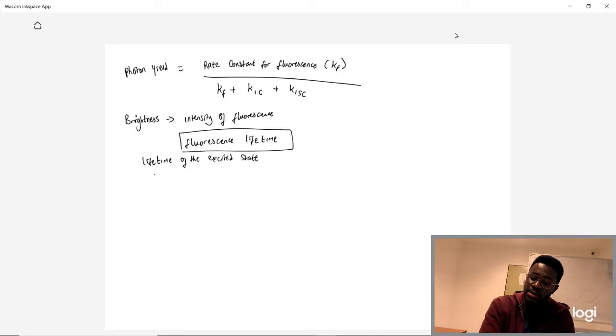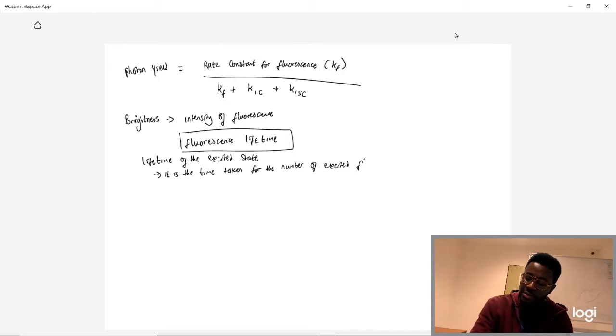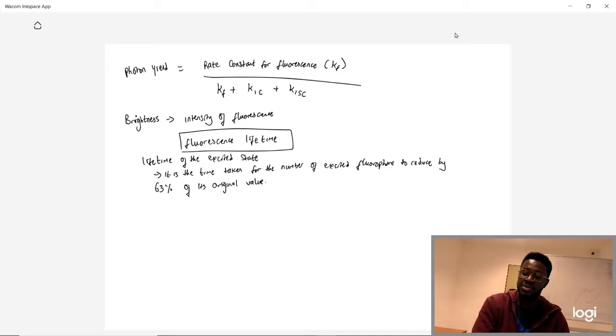It is the time taken for the number of excited fluorophores to reduce by 63% of its original value, or to reduce to 37% of its original value.